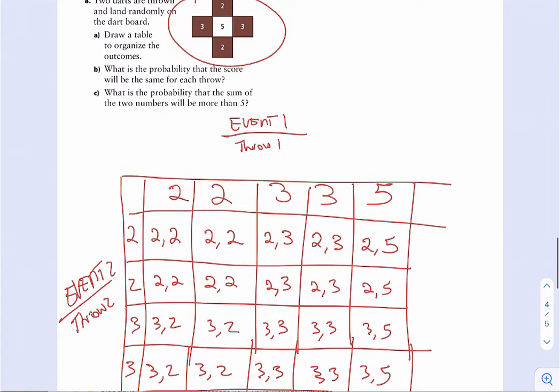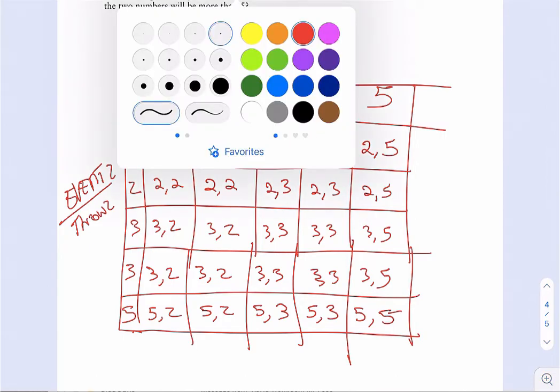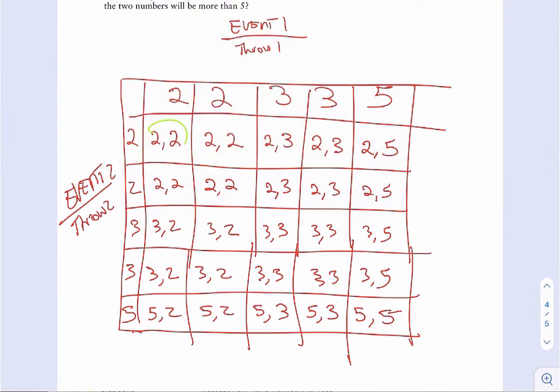Okay, so now it says part B. What's the probability the score will be the same for each throw? Okay, so what they're getting at there is in throw number 1 I get a 2, and throw number 2 I get a 2. Those scores are the same. So what's the probability that the 2 scores, or the 2 numbers in the boxes, will match? Okay, so on this one, match, match, match, match, match, match, match, match, and match.